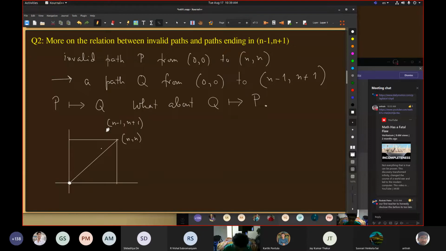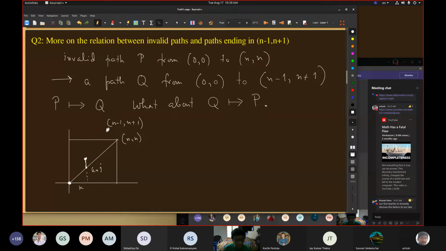Let us look at the first time this happens, when the path goes to the top of the diagonal. It may also happen here, but wherever it happens, let us say this is k, then this is k plus 1.